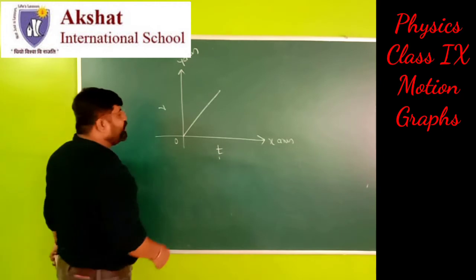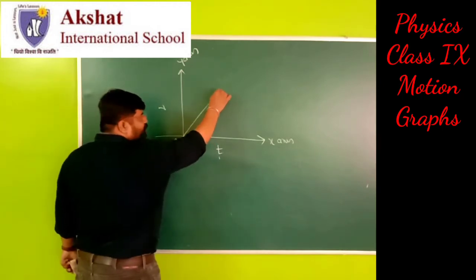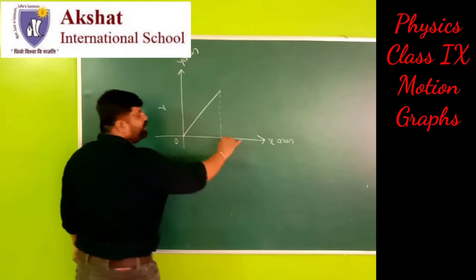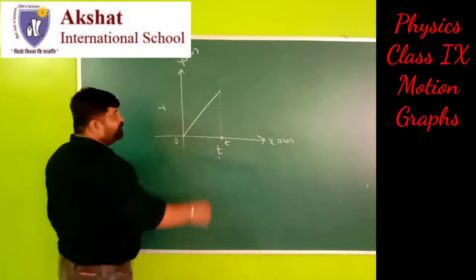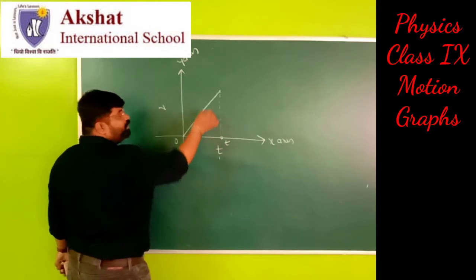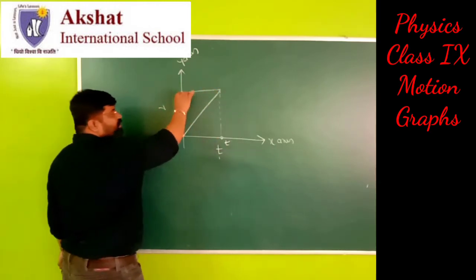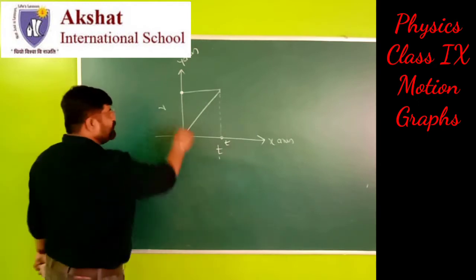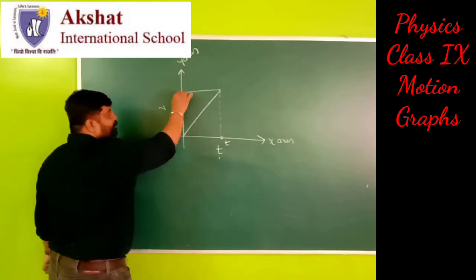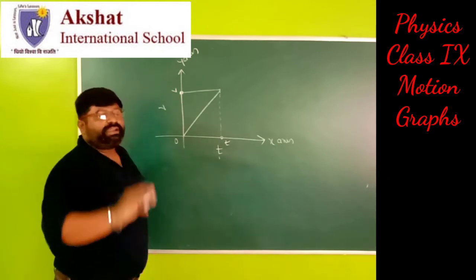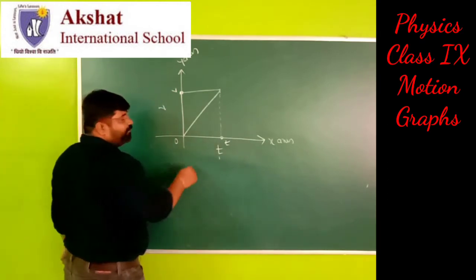If I have to find the displacement of the object after a time interval t, then the final velocity of the object, say this is the final velocity, that is v. Now I have to find the area under the graph.